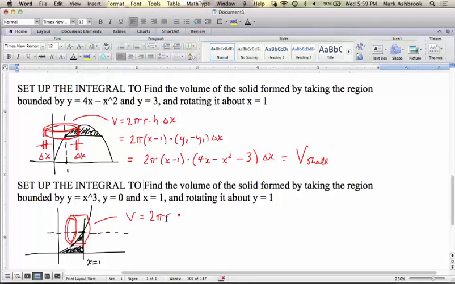Volume of the shell is 2 pi r h delta x or y? Delta y. So we need the radius and the height of the shell.